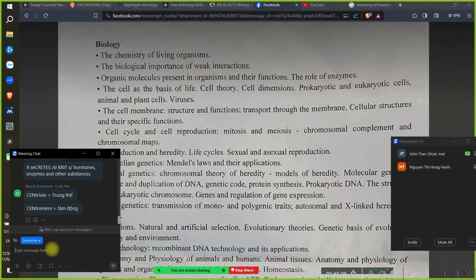Also, we have the cilia and flagella. So they all play a role in the movement of the cell.